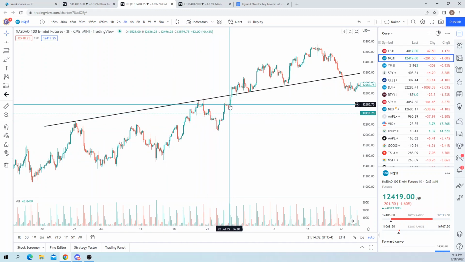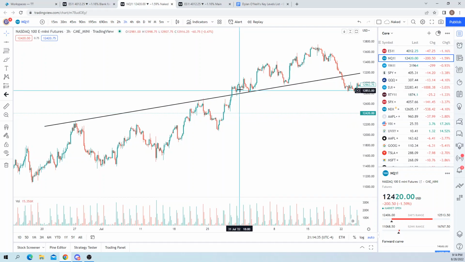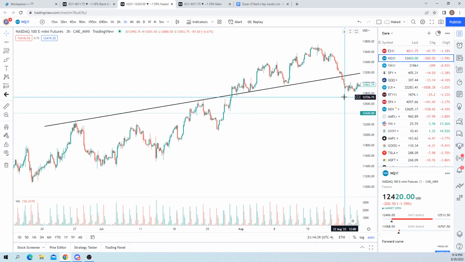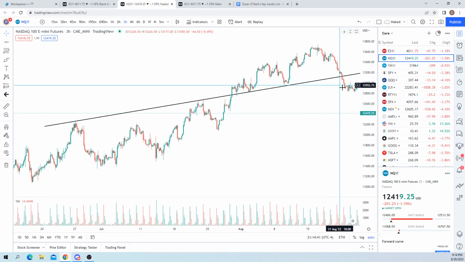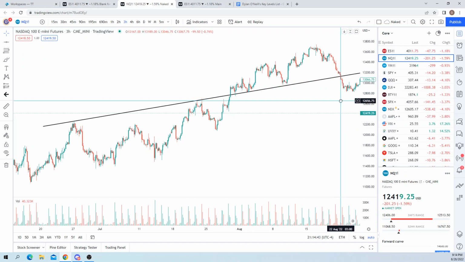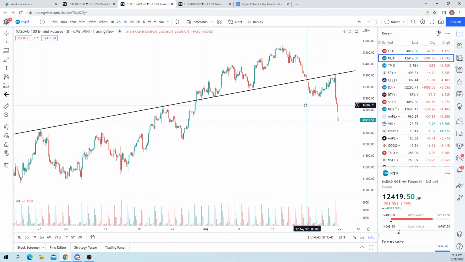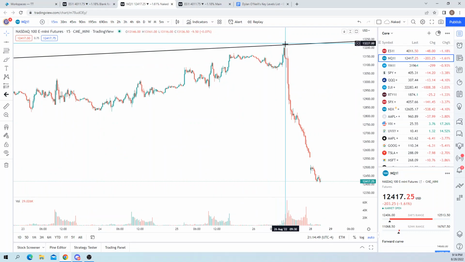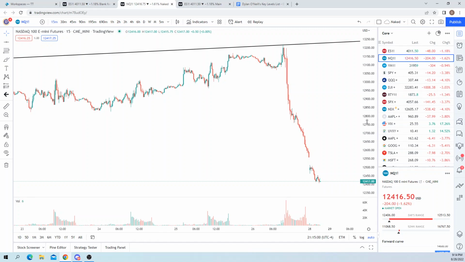And then once price got above, it acted as key support. So once price dropped below, right, it finally found its footing, and look where it rejected. Nearly perfectly, and that was the high before NASDAQ came down. It's almost down 800 points from the time that it tested that trend line.